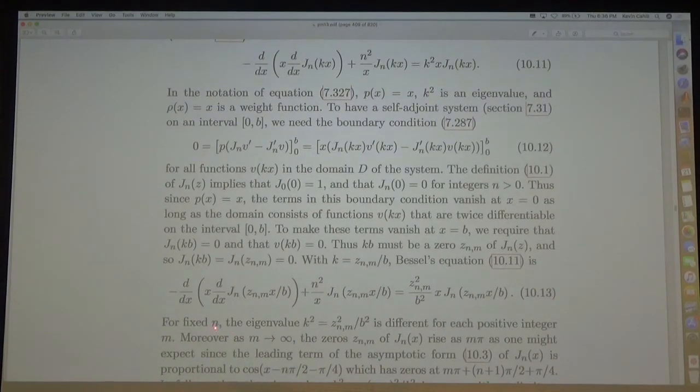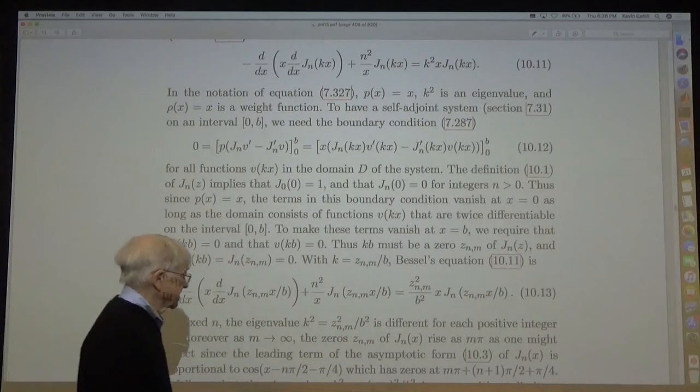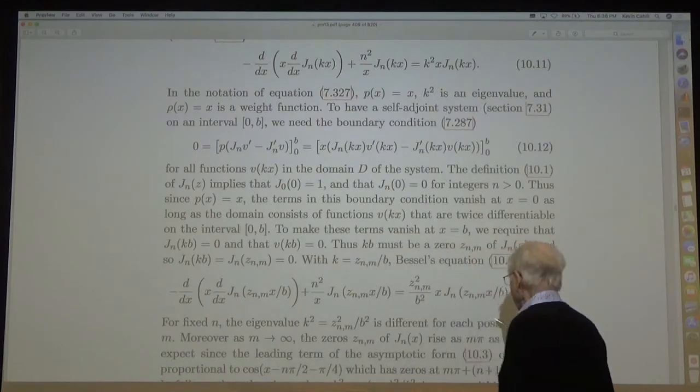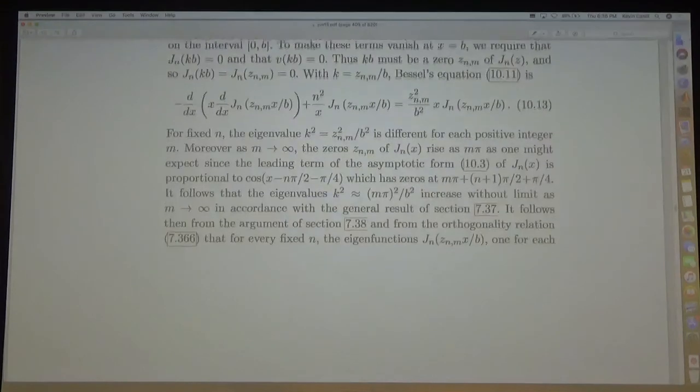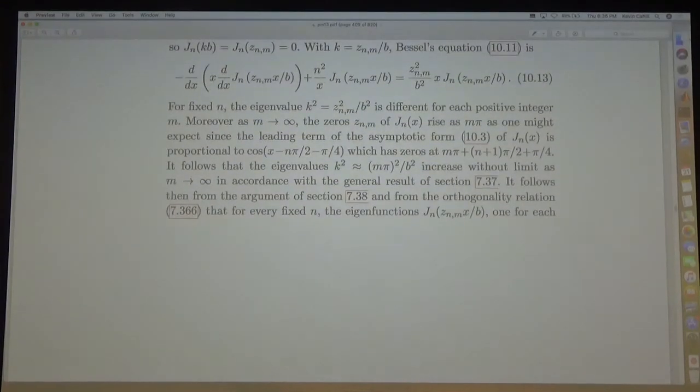For fixed n, the eigenvalue k squared is Z squared over b squared, and it's different for each of the zeros. So the eigenvalue varies with the zeros. As m goes to infinity, these zeros rise as m pi.